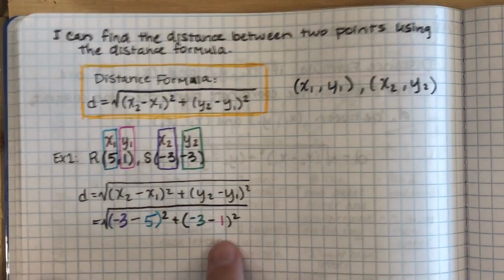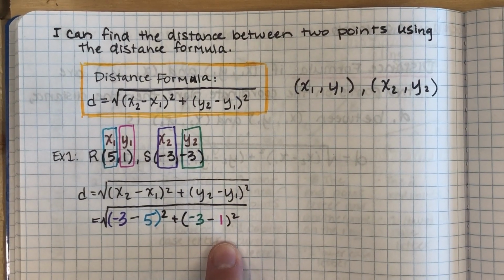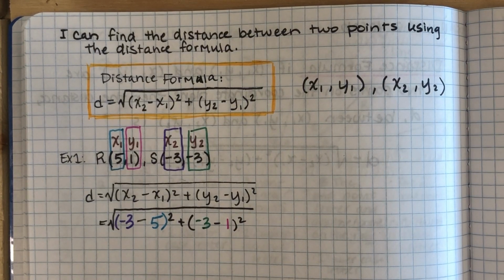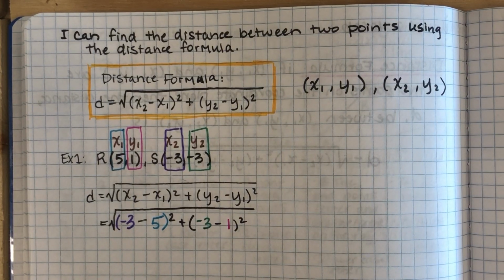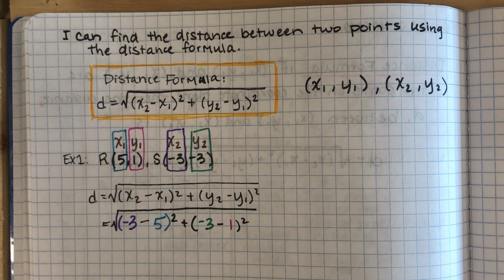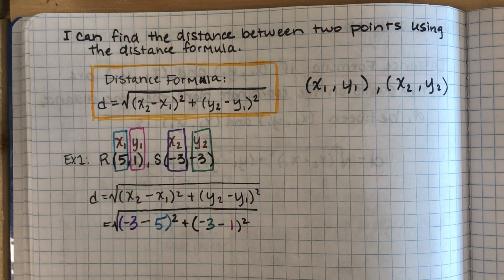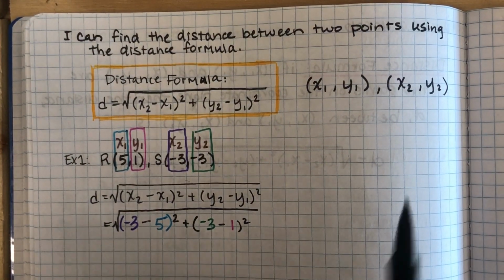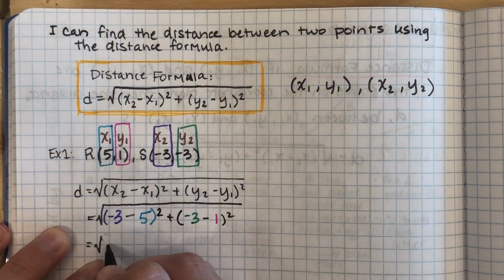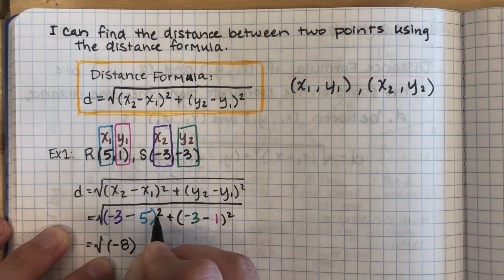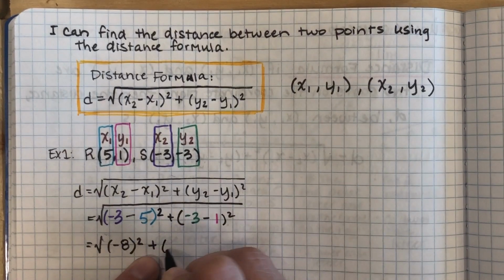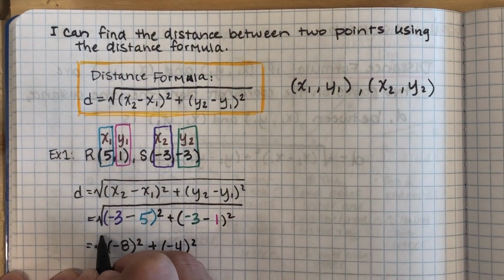Our first step here, we substituted. From our substitution, we're going to simplify inside the parentheses. This is because we always start with parentheses when we're talking about PEMDAS. So, following that, negative 3 minus 5 is going to give me a negative 8 squared, plus negative 3 minus 1 is a negative 4 squared.